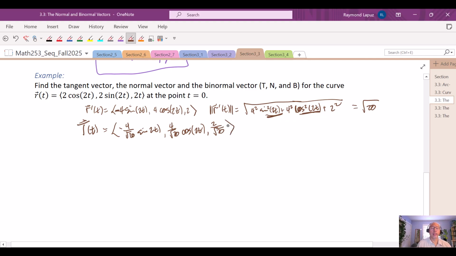Okay. All right, now we want this at 0, so let's calculate this when little t is equal to 0.